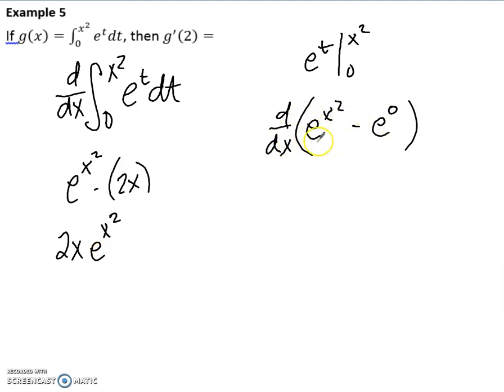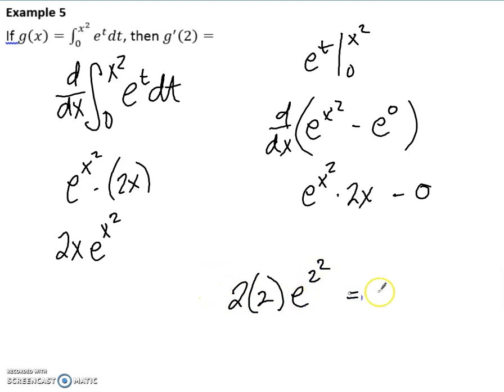So the derivative of e to the x squared, I'd have to do chain rule. It'd be e to the x squared times the derivative. Aha, do you see now where that comes into play? And then because this is the derivative of a constant, it's just minus 0. So that's gone. Okay, but then for both of these, I need to plug in a 2. So I would have my final answer be 4e to the 4th.